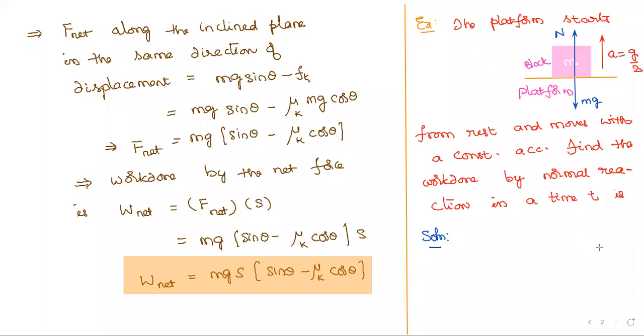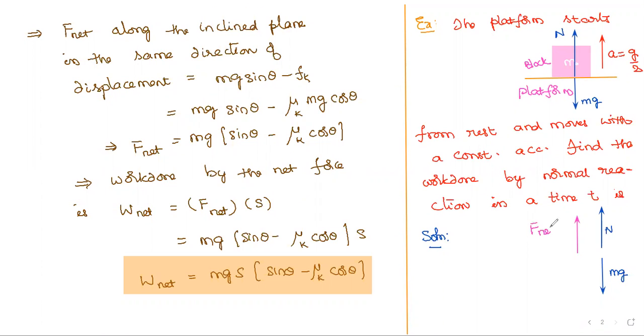One force is N, the other force is mg, but I'm getting a net acceleration a equals g by 2.